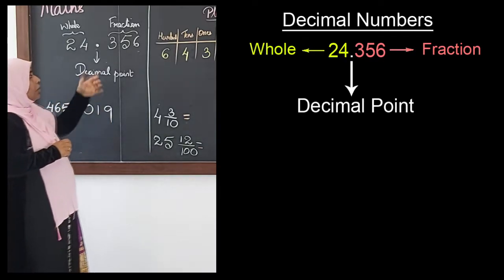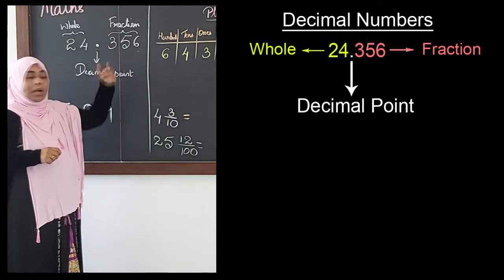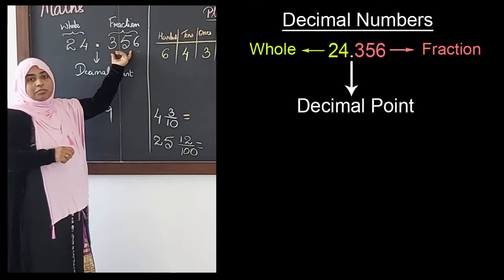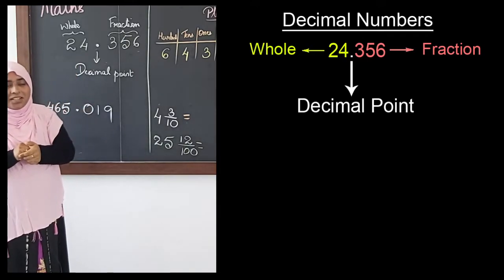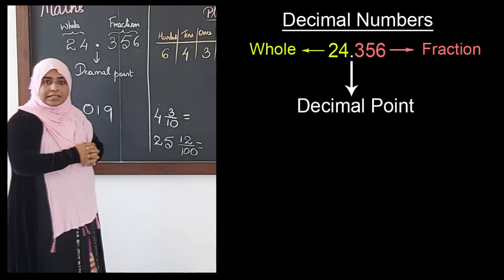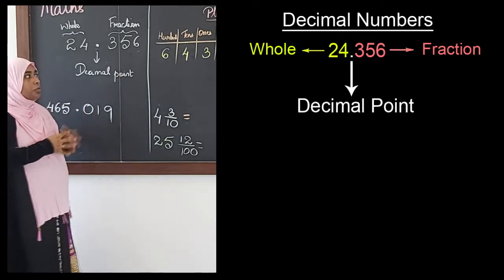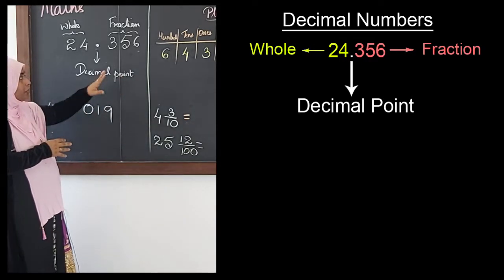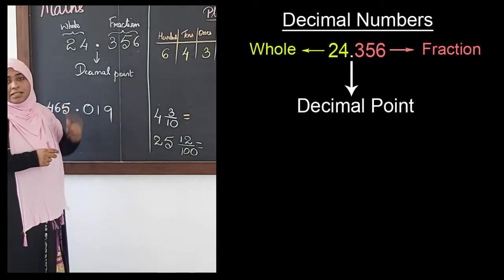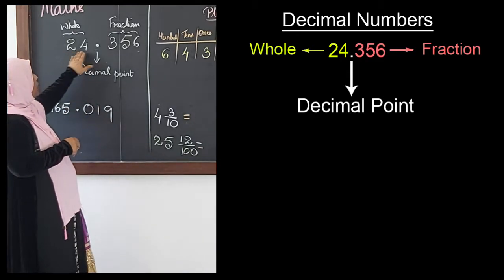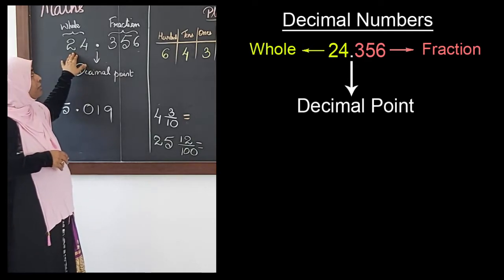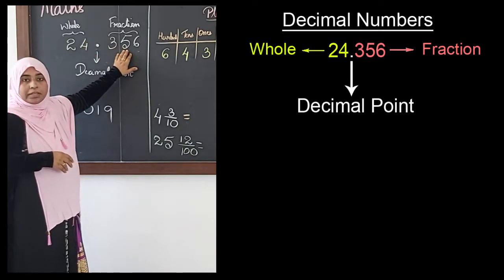Now you might be wondering how this is known as a fraction. For you, a fraction is something with a numerator and a denominator, isn't it? We will see how we write this in fractional form as we go ahead with the place value. Before that, let us see how we read this number. A whole number we read as 24, but when we read a fraction, we don't read it like that.